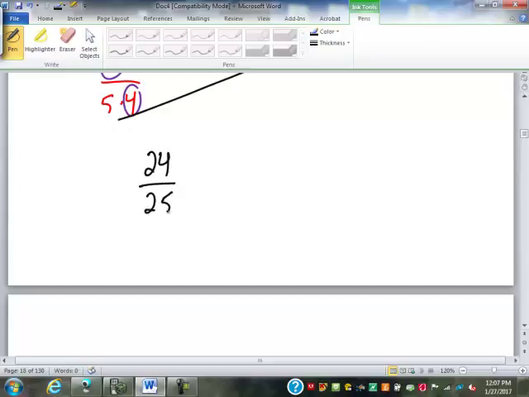Like 24/25ths times 35/36ths. I could multiply this out. And 24 times 35 is what? 840? And 25 times 36 is 900. And I'm sure all of you can see by looking at that both of those can be divided by 60, right?